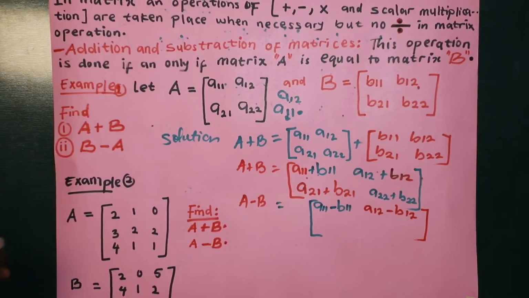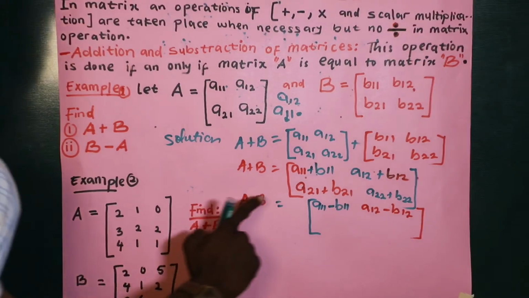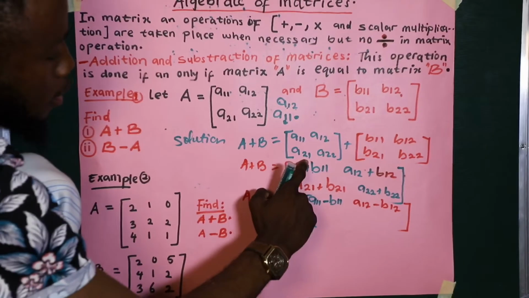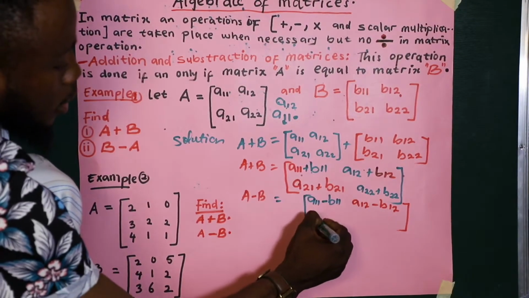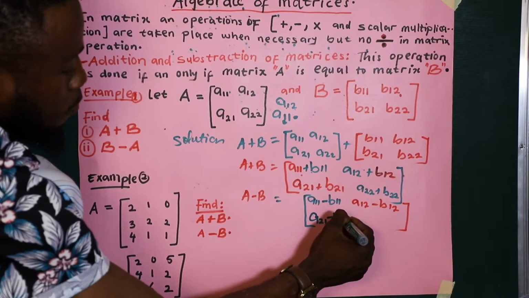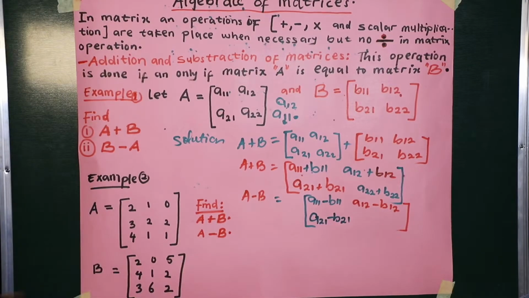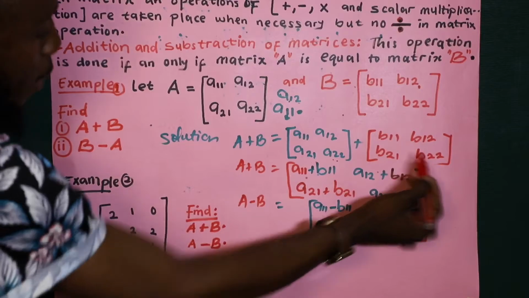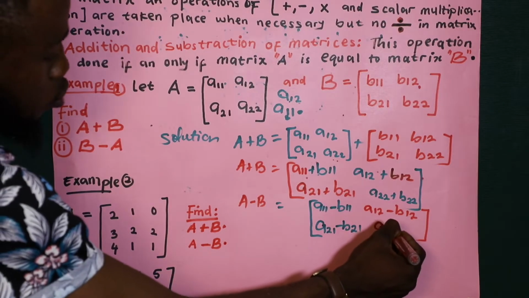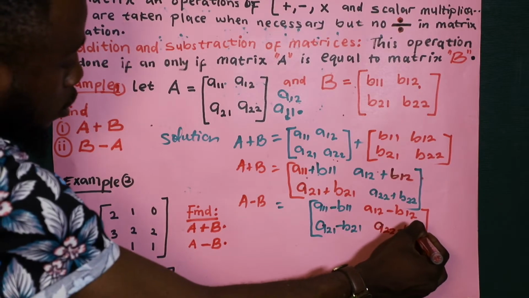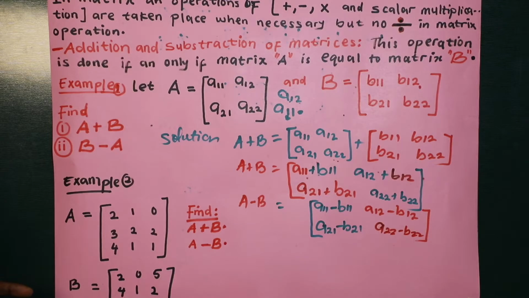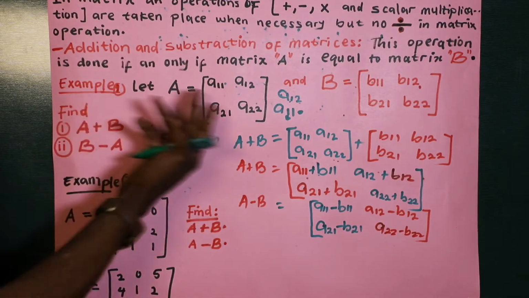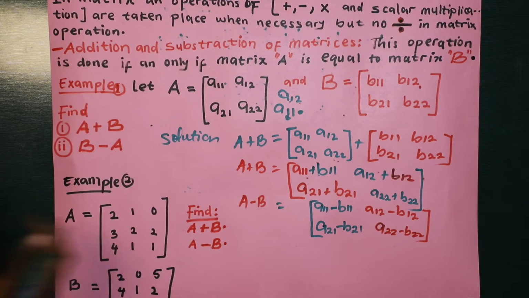Close the matrix. Then A21 minus B21. You make a space and do the operation A22 minus B22. So this is how we do addition and subtraction of matrices.